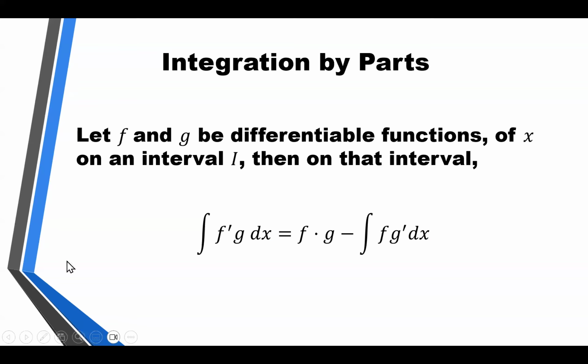Now you might say, this is kind of weird because we start with an integration and our answer still has an integration in it. Well, what we hope for is that while this initial integration might be tougher to deal with, the second integration, the integration on the right, is easier to deal with. But that's the idea of integration by parts.